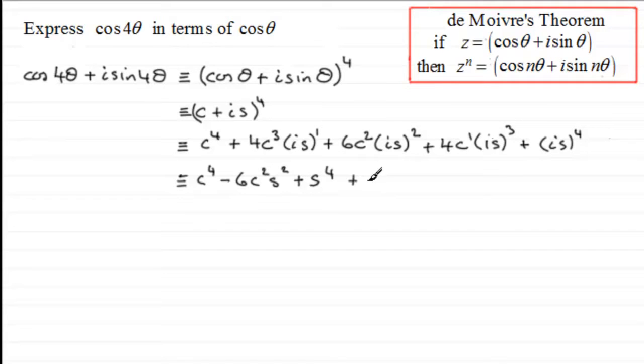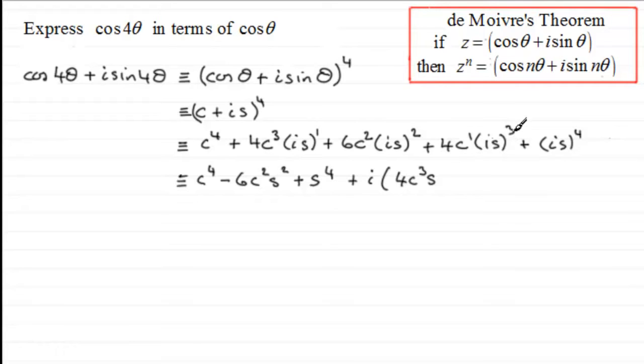Now we've got to look at the imaginary part, so we'll have i there, and we'll pull that out as a common factor. This was an imaginary term. It's going to be 4c cubed times is. Well, we've got the i out the front, so it's just 4c cubed s. And then we've got an imaginary term here.